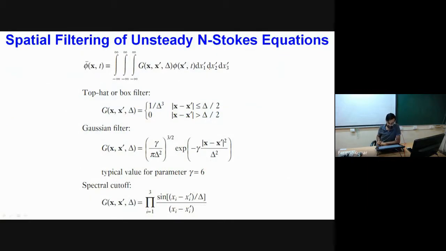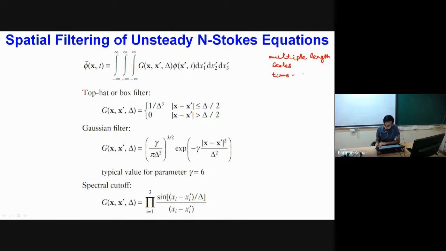Let me first briefly summarize the conceptual idea of large eddy simulation. As I told you earlier also, in case of turbulence we have the presence of multiple length and time scales. So we have multiple length scales of turbulence, and similarly multiple time scales also.